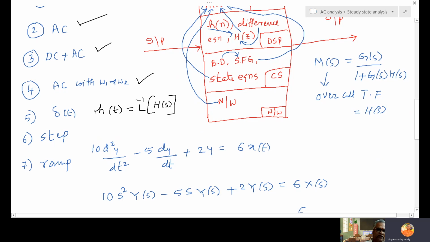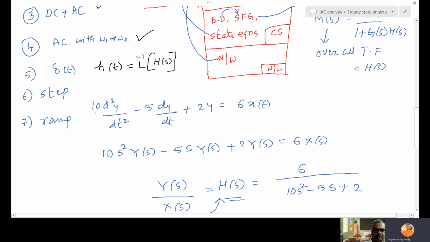So easy. If a step is given, a simple technique: differentiate the step function. When you differentiate a step, you get an impulse. The derivative of a step is an impulse. Now, how many times are you differentiating? One time. So the step response is nothing but the integration of the impulse response.